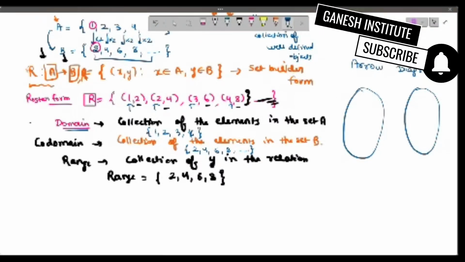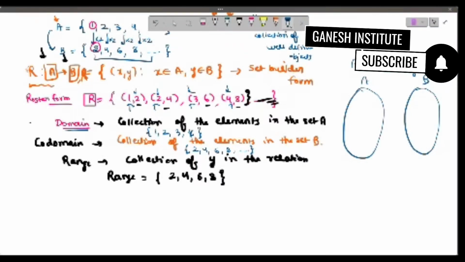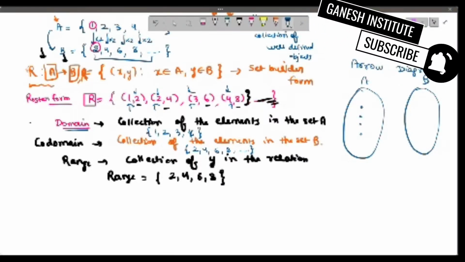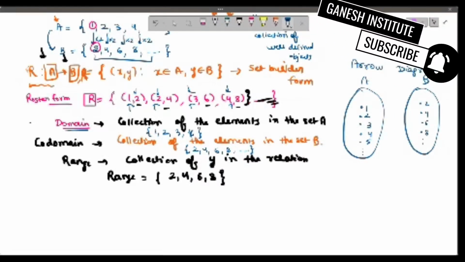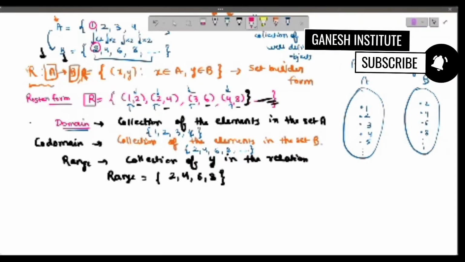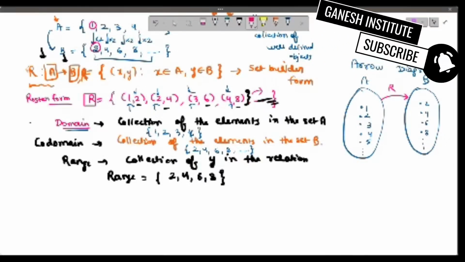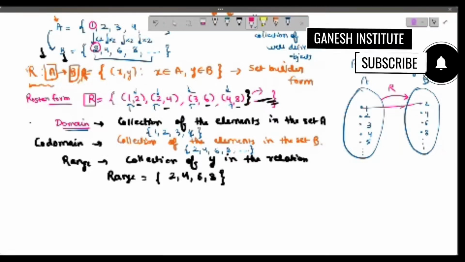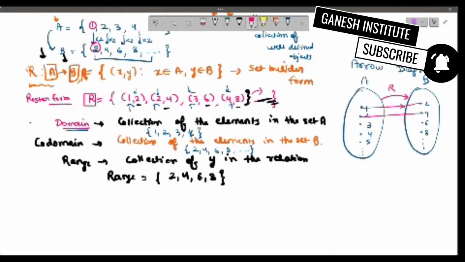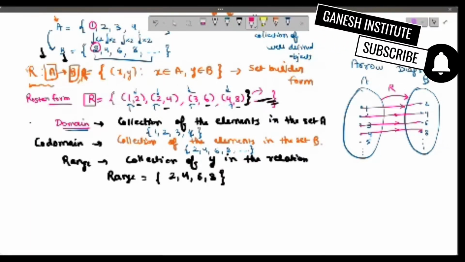So I have all those A, B elements here, but I'll mark only those which are mapped in the relation and I'll call it R. So 1 is mapped with 2, 2 is mapped with 4, 3 with 6, and 4 with 8.